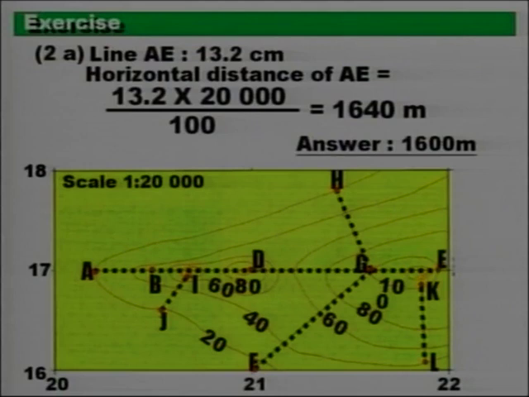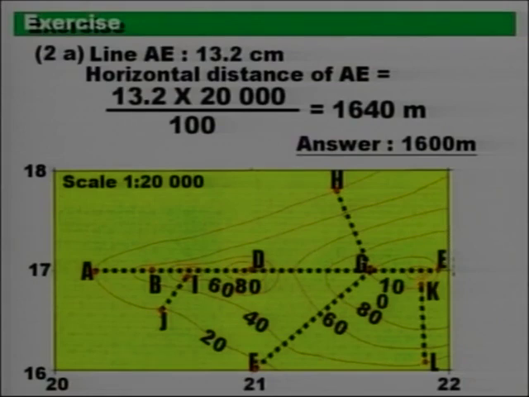Okay, 1,640 is our answer. To the nearest 100 meters, it will be 1,600. Those students who used 13.3, let's check. 13.3 times 20,000 divided by 100 will give us 2,660 meters.